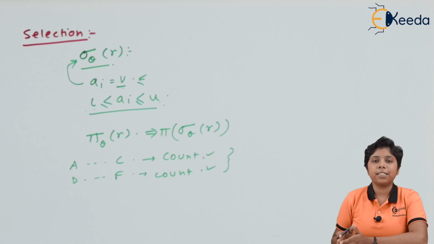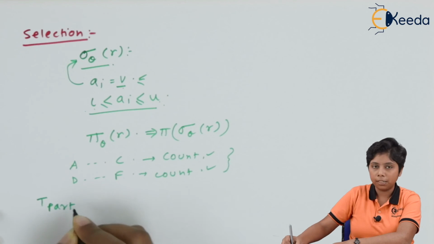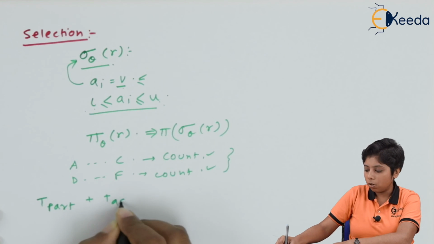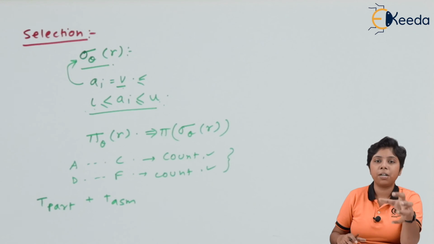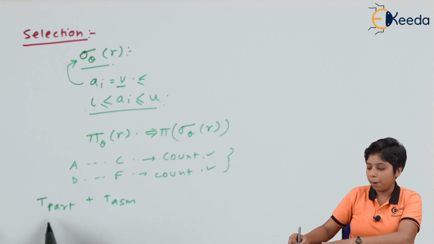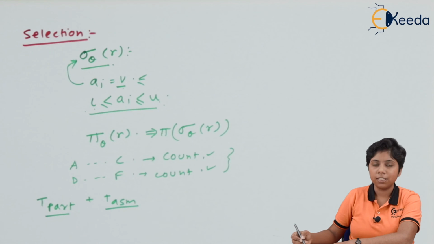Now next one is the cost of assembling. Now if we have the transaction as a part of T part, there is a cost of assembling, that means we are assembling all the partitions again. So for partitioning there is a cost, for assembling there is a cost, and then we need to choose the maximum cost of the transaction that is happening on every partition.